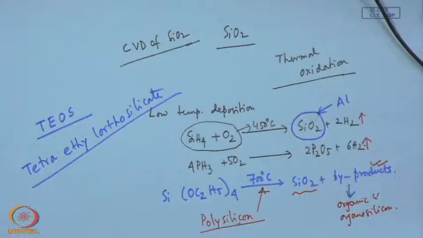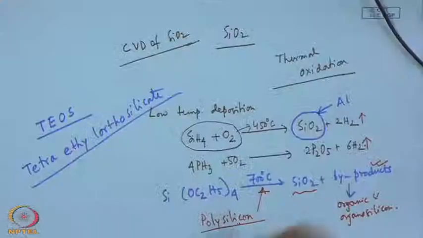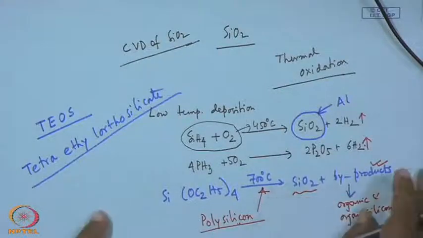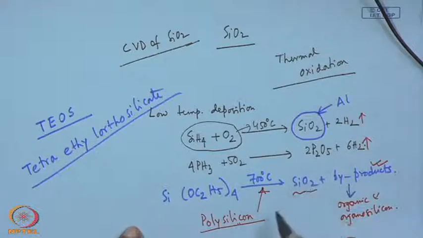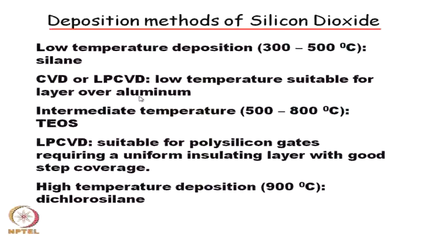So, the difference between these two processes, the low temperature process and the intermediate temperature process, is that in the intermediate temperature process, since the temperature is very high, one cannot deposit SiO2 over aluminum, rather it can be grown over polysilicon. However, we see good step coverage in this TEOS growth.